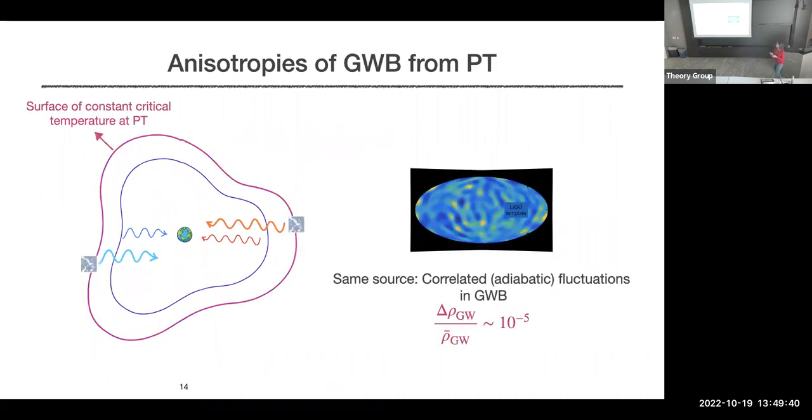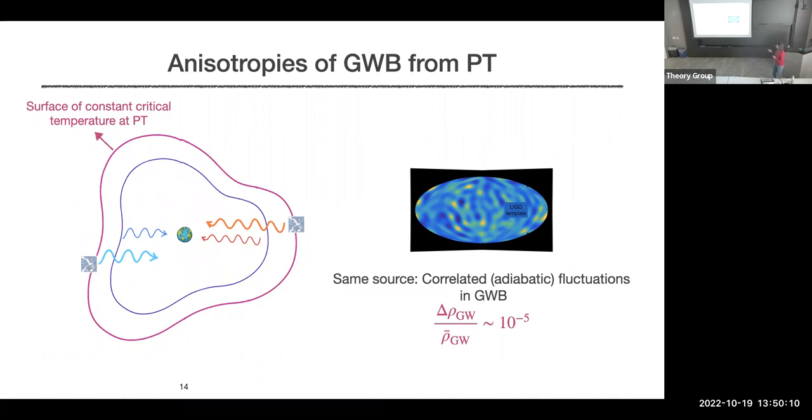Now we can apply the same logic for gravitational waves. In pink, we can draw the surface of constant critical temperature, which is the temperature when the phase transition is happening. And similar to the CMB plasma, there will be some hot regions and some cold regions. So gravitational waves from hotter regions will not be as redshifted, while gravitational waves from colder regions will be more redshifted, creating a similar hot and cold spot picture for the gravitational wave energy density as well.